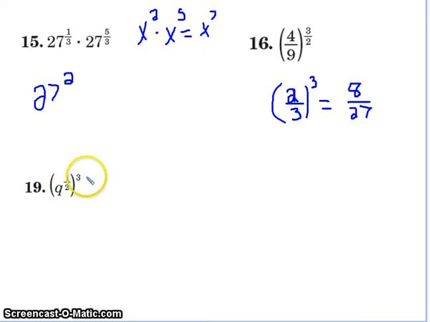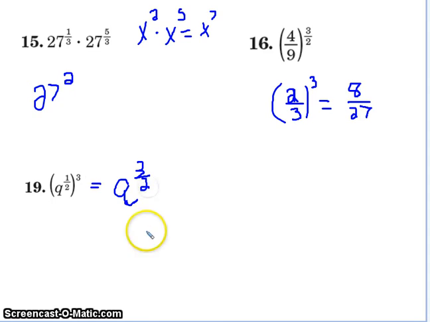When you're multiplying with the same base, you add the exponents. When you're raising a power to a power, then you multiply. So this is going to be q to the 3/2.